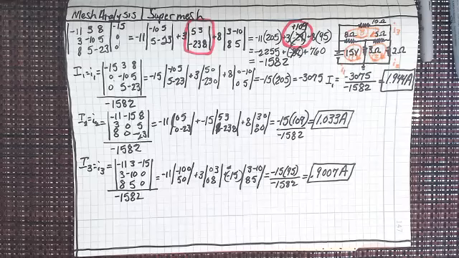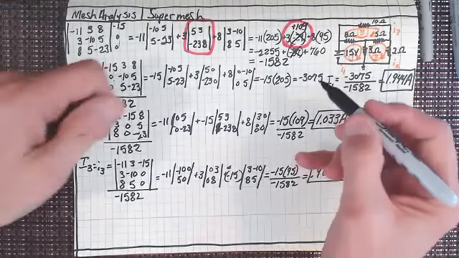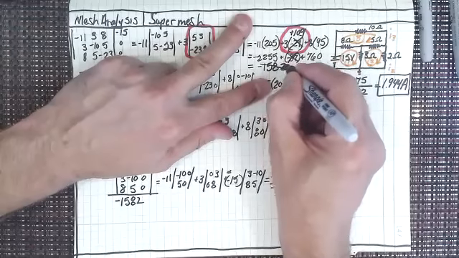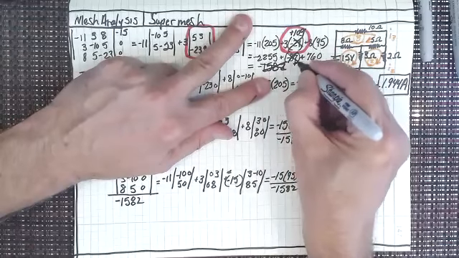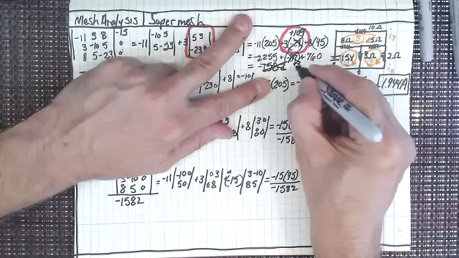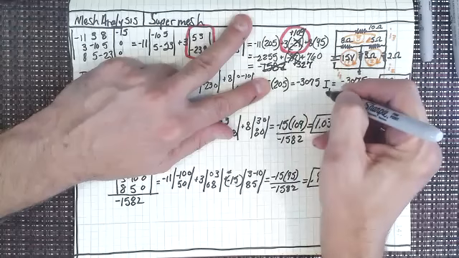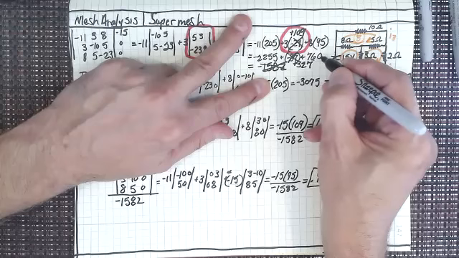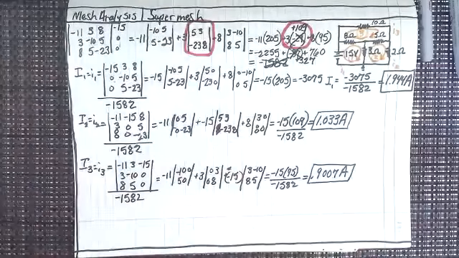So I know you would have said that. So 3 times 109 is 327, and it's positive, right? So let's cross that out. This should be a plus 327. And so adding these together would be 1,087, right?